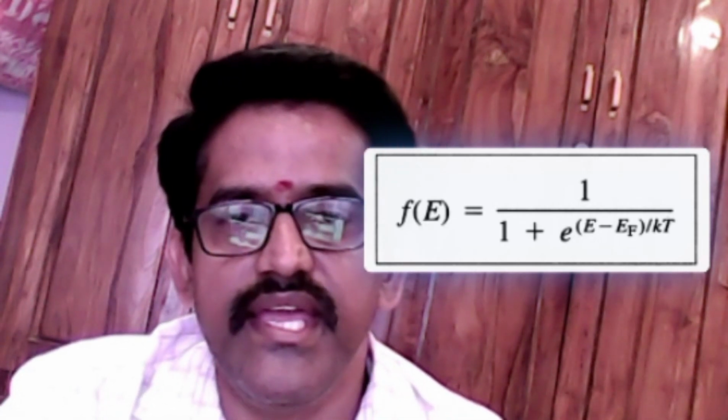Here E indicates the energy level, EF is the Fermi energy level, k indicates the Boltzmann constant, and T is the absolute temperature. This function indicates the Fermi distribution function.